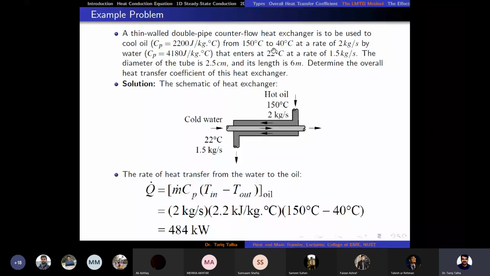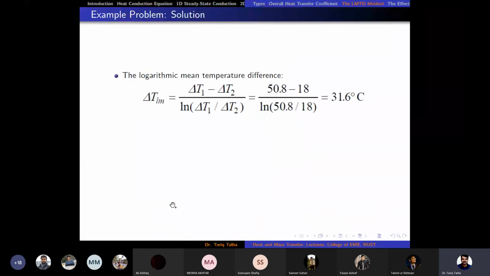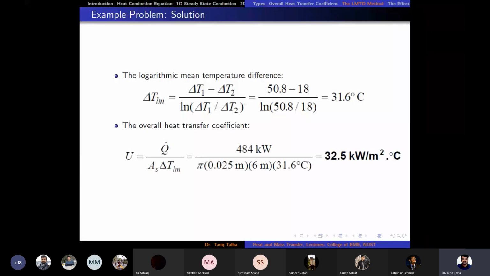Once again we can find delta T1, delta T2 and delta T log mean by the relation, and then by using the Newton law of cooling, q dot equal to UAS delta T logarithmic, U can be calculated, which is the overall heat transfer coefficient. So which means 32.5 kilowatt per meter square into centigrade.